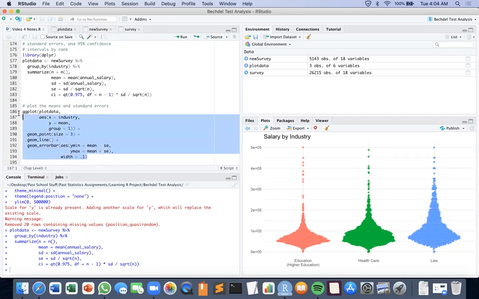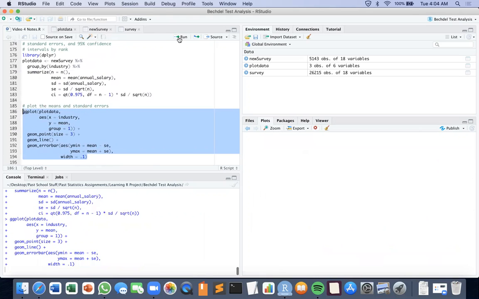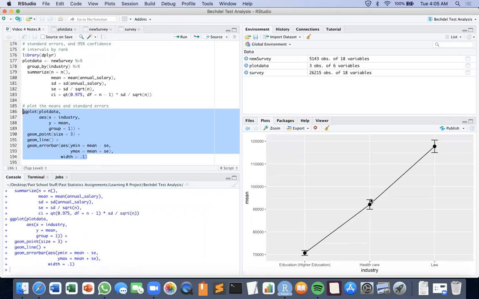So now let's plot the mean with the standard error of the mean. This is what I was talking about: when we plotted our bar graphs, these points represent summary statistics.